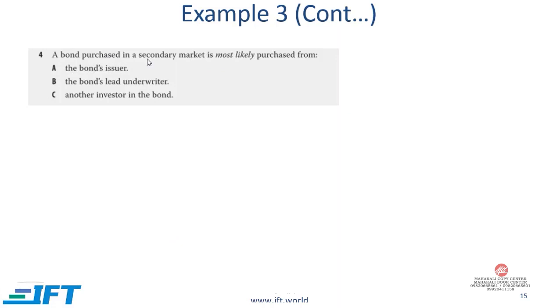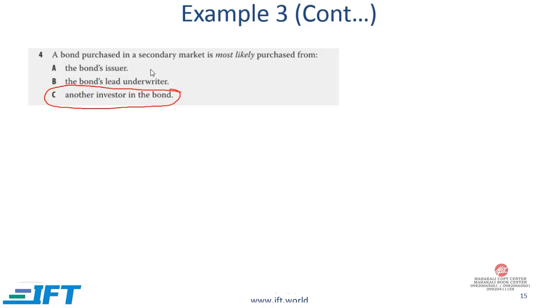A bond purchased in a secondary market is most likely purchased from whom? A: The issuer, B: the lead underwriter, or C: another investor in the bond? Here the answer is C. Both A and B apply in the primary market.